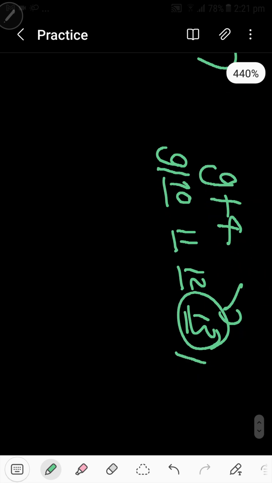So start from 9, go 4 positions. So 10, 11, 12, 13, which is where we land. So the answer is 13.